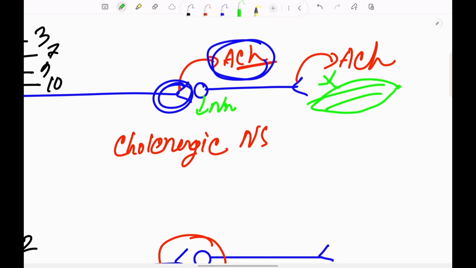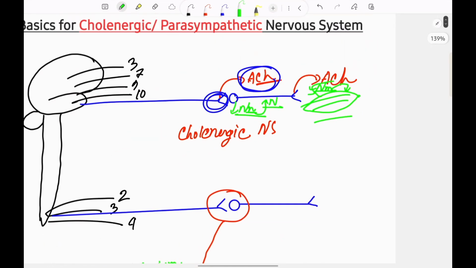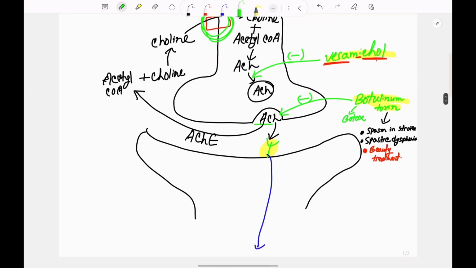This receptor will be an M type of receptor on which acetylcholine will bind. So this is called an N type. N means nerve, and this is called an M type. M means muscle. So an N type receptor is located on nerve fiber and an M type receptor is located on muscle. So nicotinic receptor location we have done.